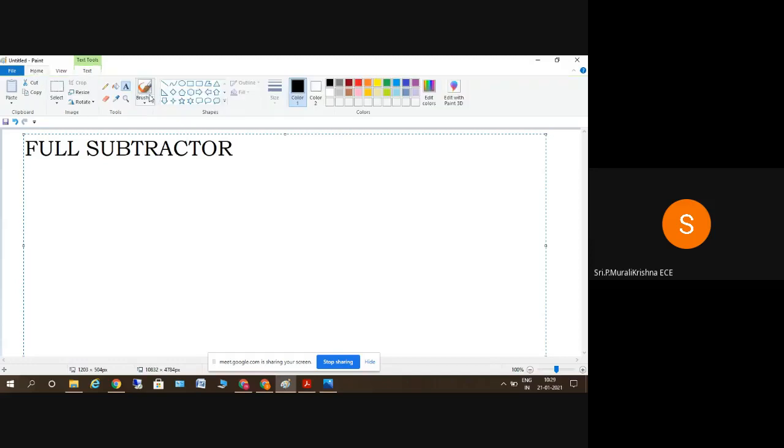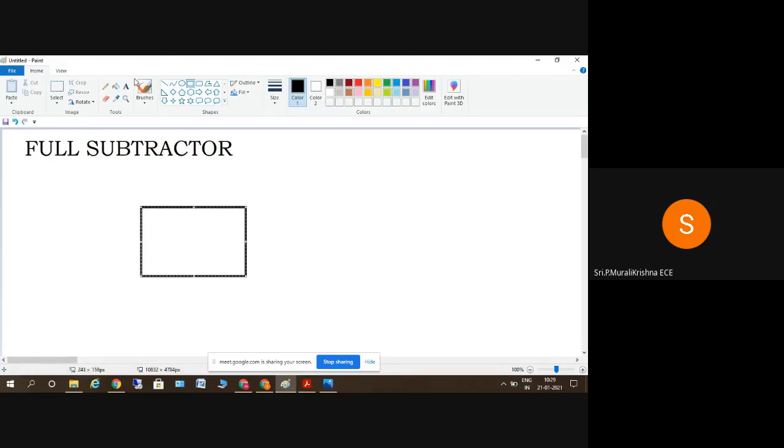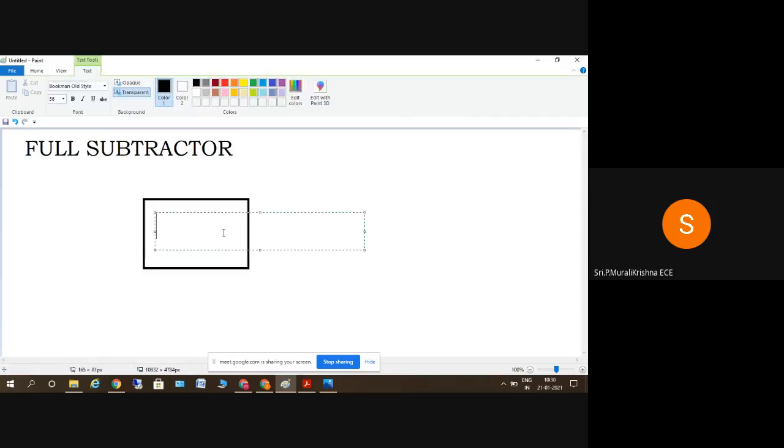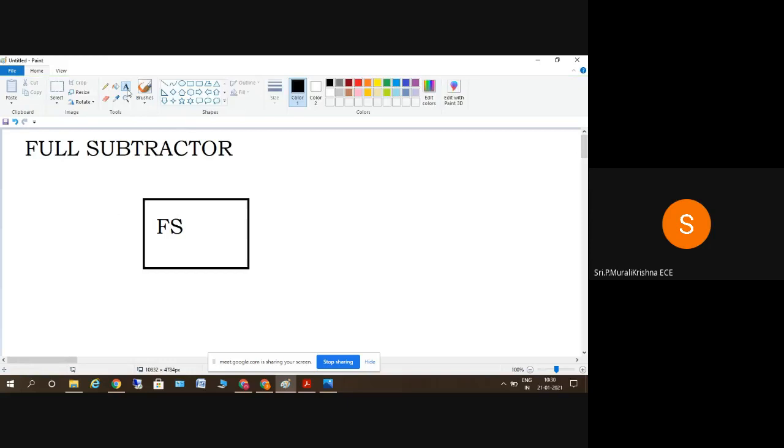It is a block diagram with 3 inputs and 2 outputs: x, y, z.